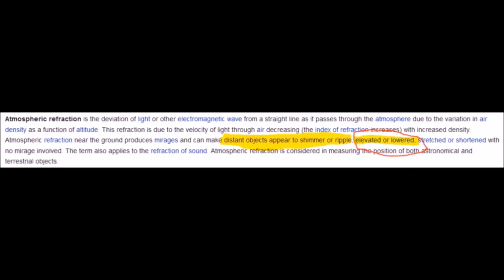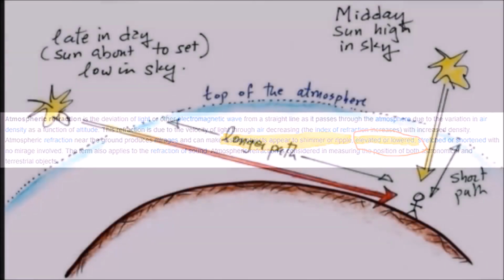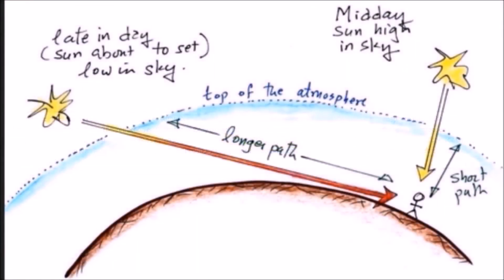Wikipedia actually defines atmospheric refraction as the deviation of light or other electromagnetic waves from a straight line as it passes through the atmosphere due to the variation in air density as a function of altitude. So it's saying as the air gets closer to the ground, it's more dense.